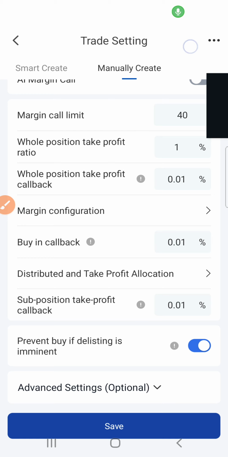It means if on this call margin I've put 1 as my take profit, when it reaches 1, the robot will wait for this one to hit here and maybe a drop of 0.01 to reach, so that it sells off that call margin. Or it can reach here.